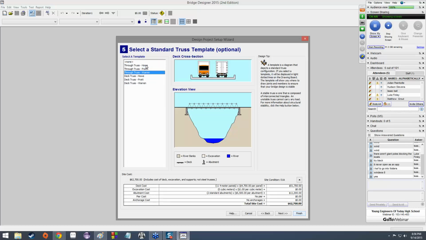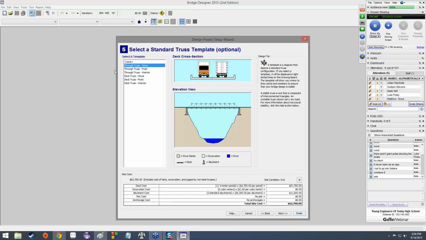You've got Howe, Pratt, and Warren, and Howe, Pratt, and Warren. And these just basically relate to the type of template that you can draw on top of. So that's all that means. Nothing is actually created here by this other than a nice little template that you can draw on top of to give yourself a good idea of how your bridge is supposed to be structured.